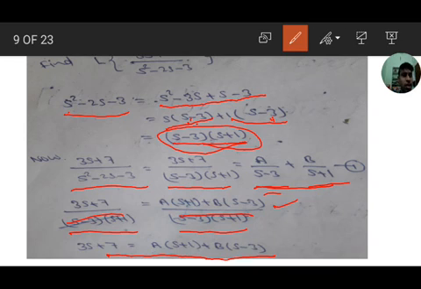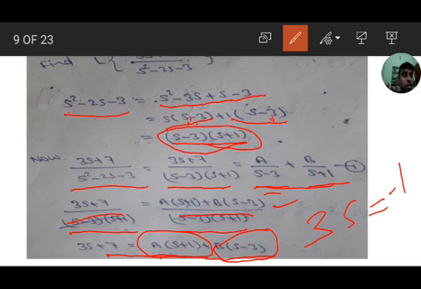To get the A value and B value, we need to substitute. To get the A value, the B term must be 0, means s equal to 3. Substitute, then we get the A value. To get the B value, the A term must be 0, means s equal to minus 1. Substitute s equal to minus 1 and we get the B value, on both LHS and RHS.